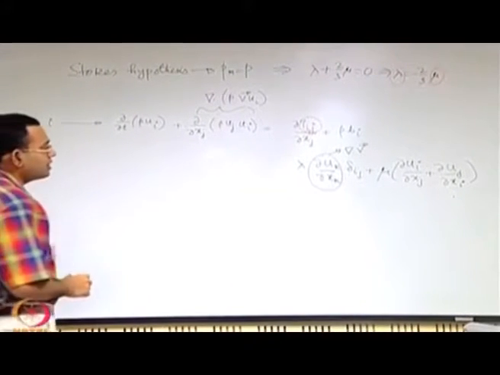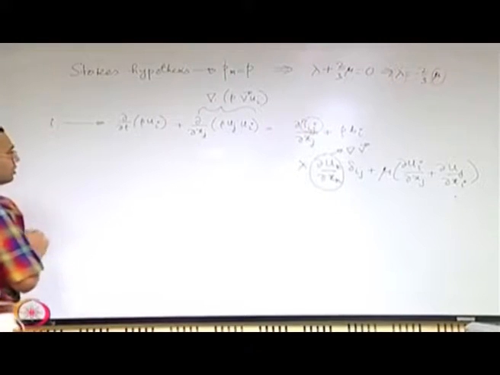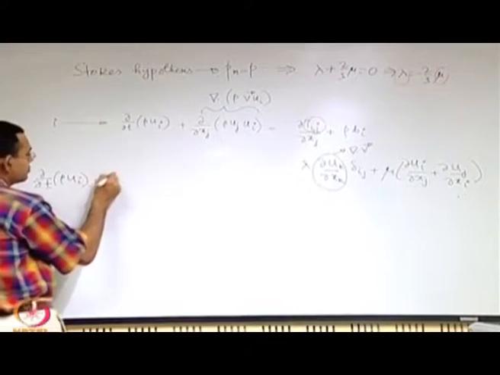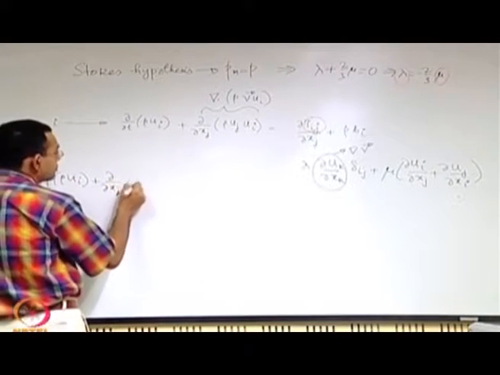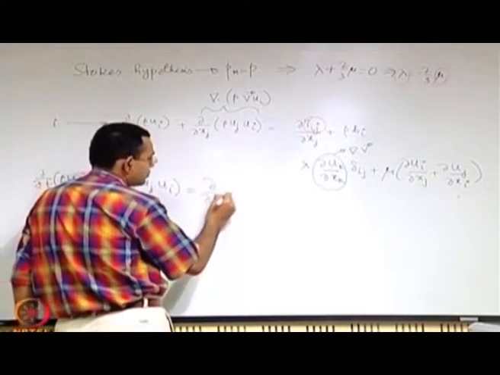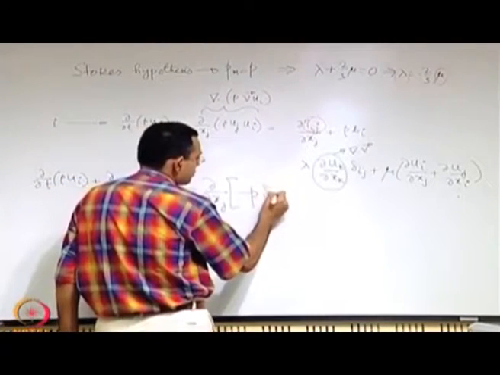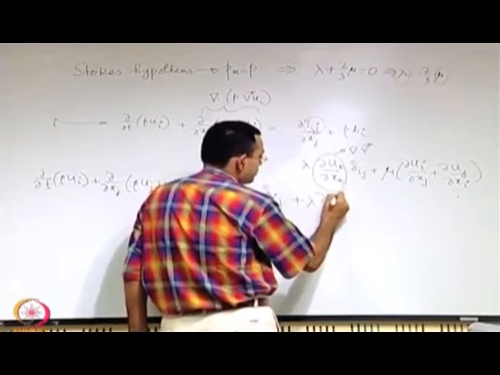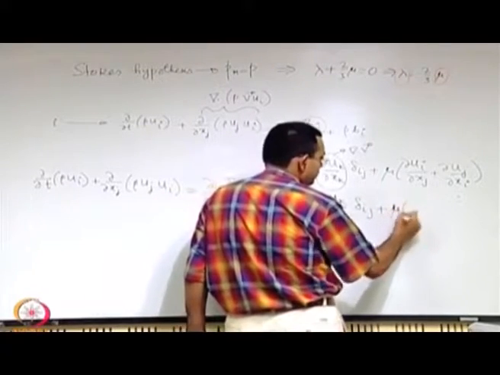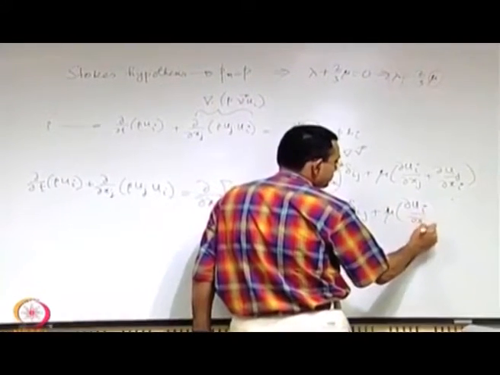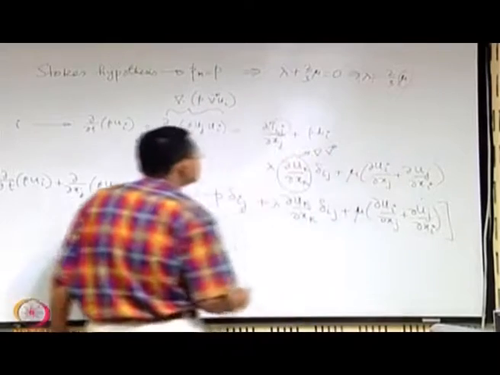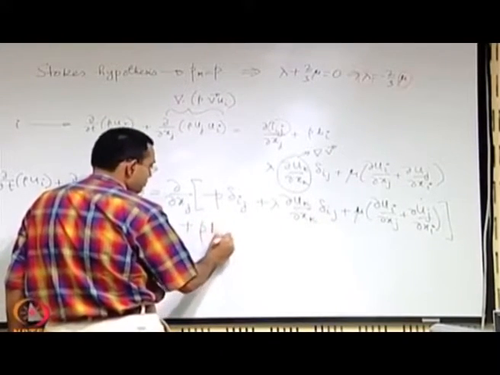So, if we put back the tau ij expression in the equation of motion, then it will boil down to... okay.